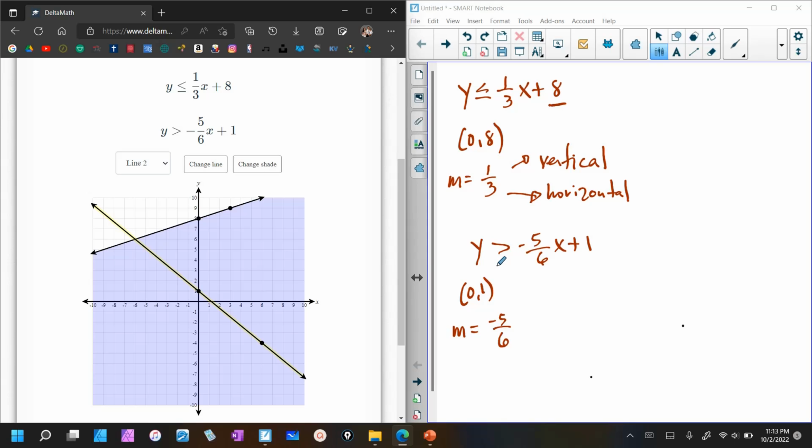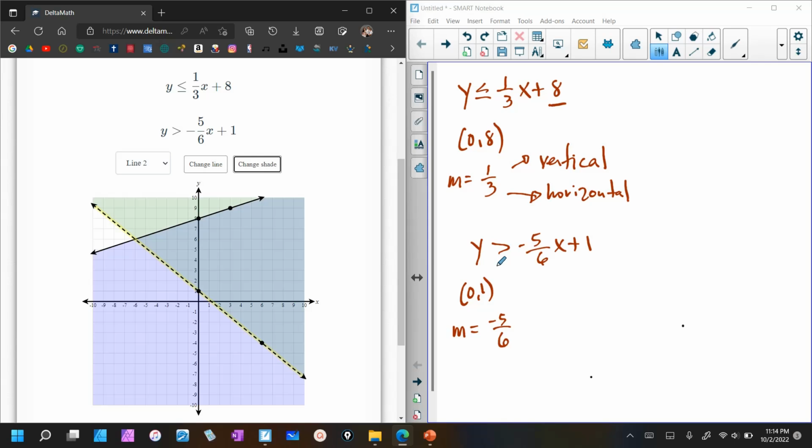That's a non-inclusive inequality, so we will change the line into a broken straight line. Okay? Next, the shading part. It's greater than. So we will shade where? That is correct, above the y-intercept. Okay? So let's shade the above. Nope, not that one. That one.